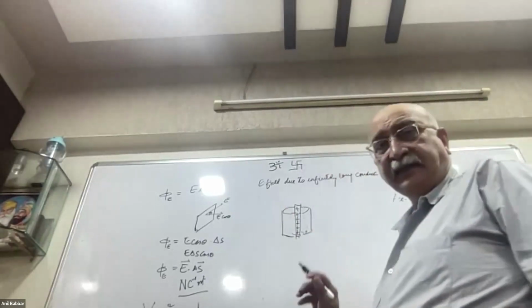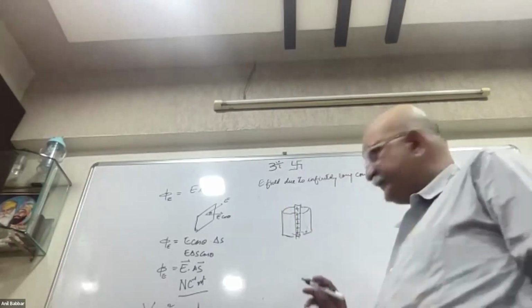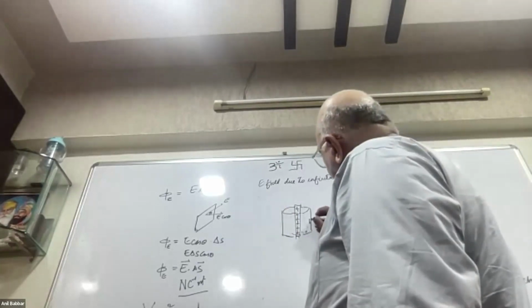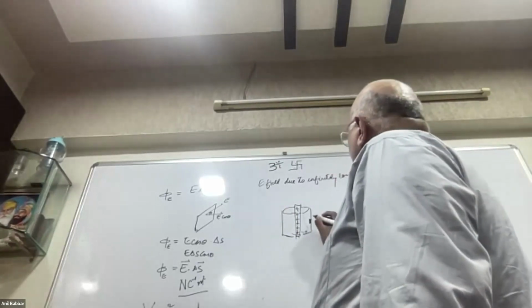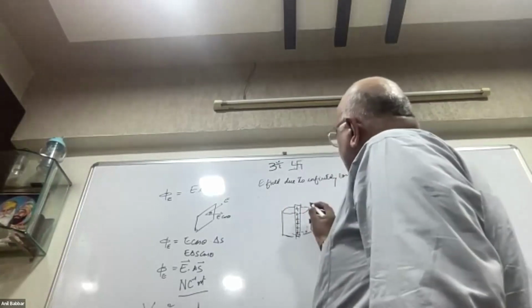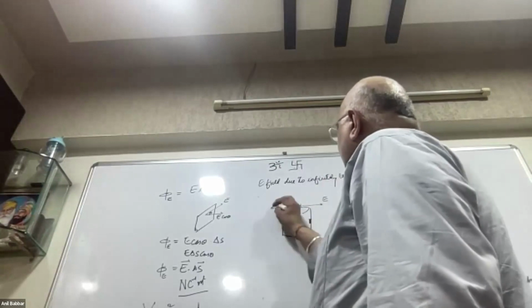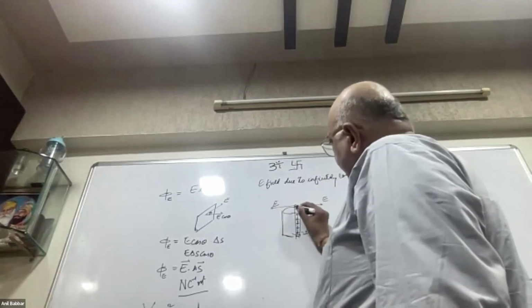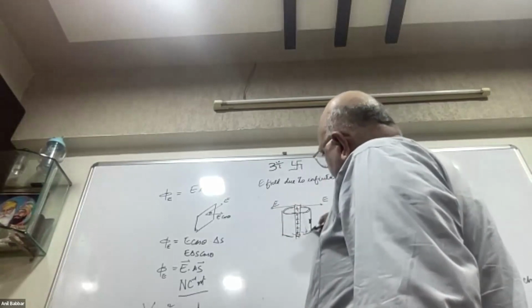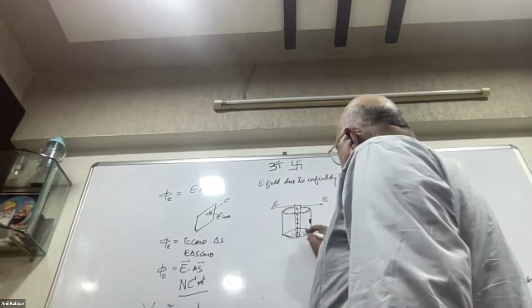See, in this again, we are having three faces. Because this is positive charge, electric field will go in this direction and this direction. So three faces are there. One is the top face, the second is the curved face, and the third is the bottom face.